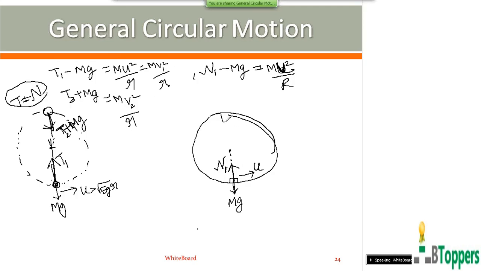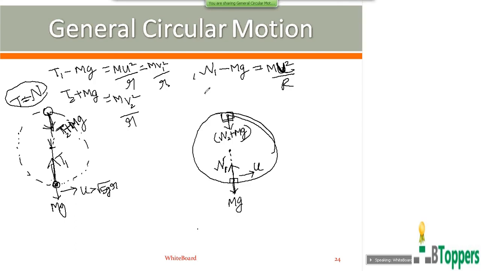In a similar way, if you come to the case of the block moving around the smooth circular track in the vertical plane, at the highest position, both the weight mg of the block and the normal reaction force on the block by the surface of the track act towards the center of curvature of the track.